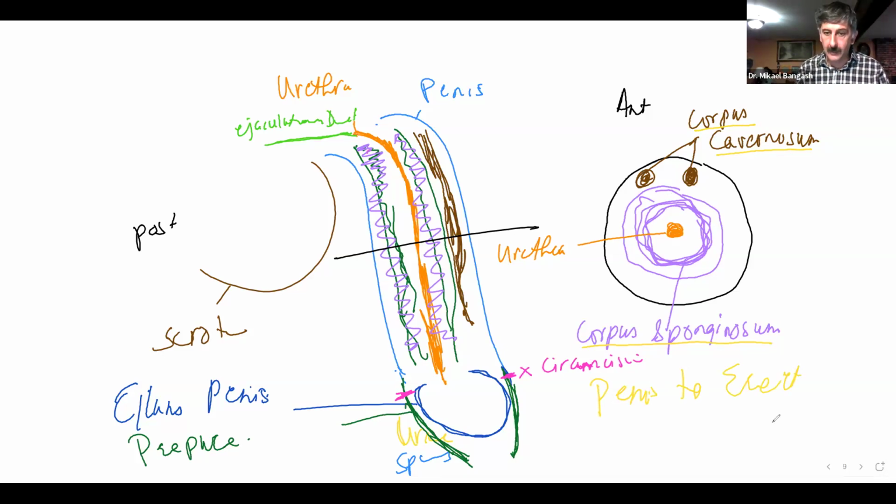So mainly it's because of these structures here. What happens then? We can talk about that in just a little bit. That enables the penis to be able to erect.